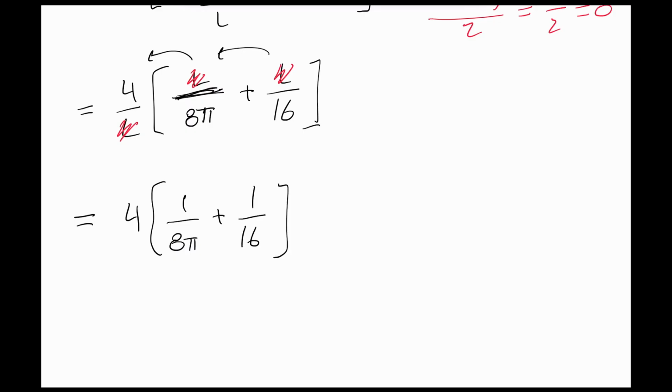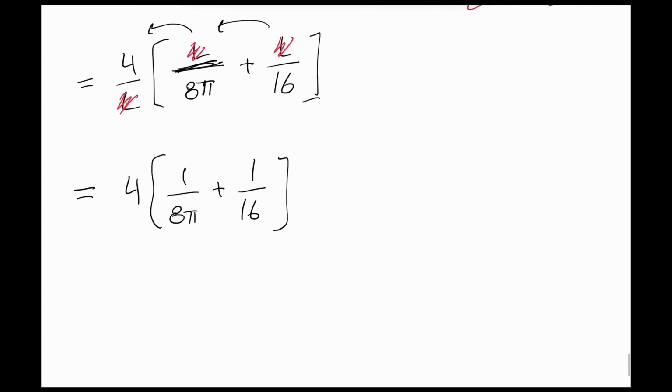Okay, let's bring everything to common denominator here. I guess you can plug all this in your calculator, but we got 8 times 16, which equals 128. So this equals 4 times 16 over 128 pi. Does that make sense? Basically what I'm doing here is I'm doing times 16 here, times 16 here, right?